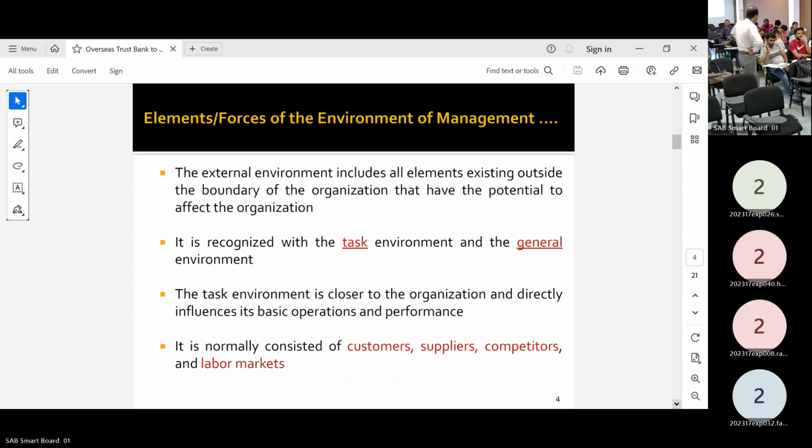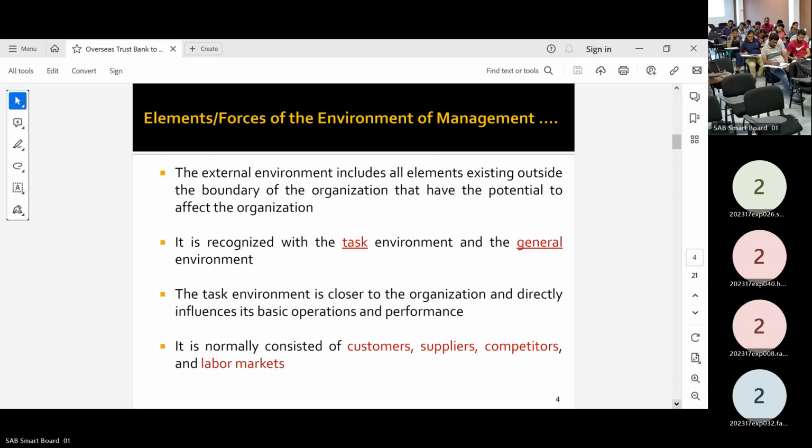Micro now. Task, direct. Then the other one is the elements in the outer layer in the diagram, the general environment or indirect? Direct, indirect, or general or macro? Macro environment.